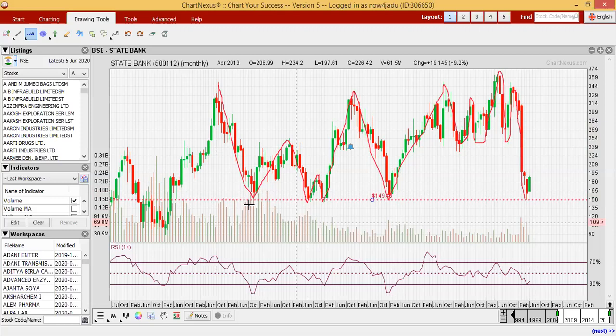If you have already drawn this support line, which is taking multi-year support, and you know this support zone, then you can enter with a very little stop loss.